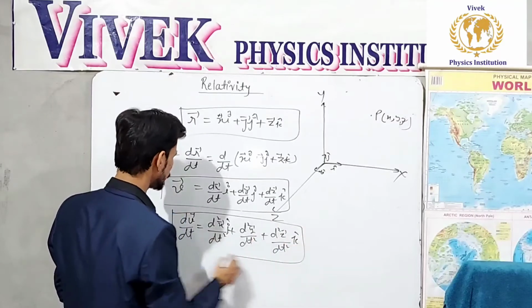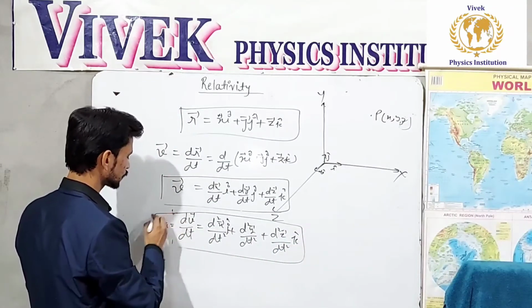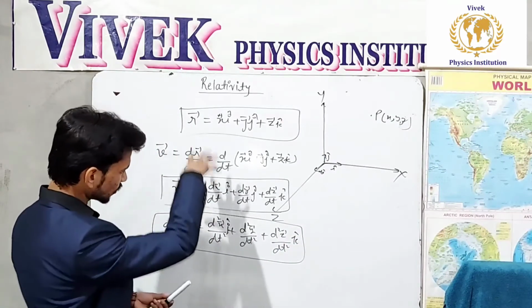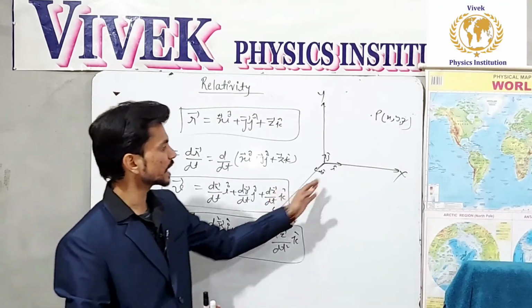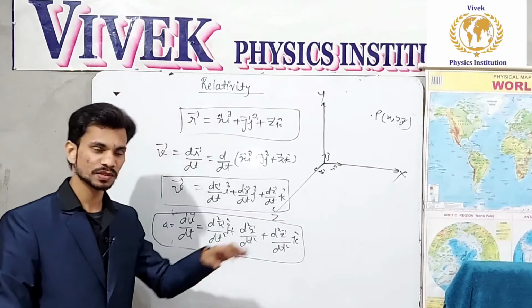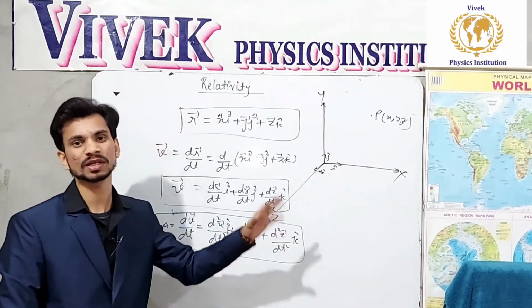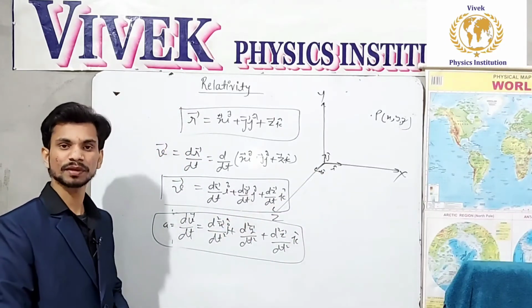This is what we have, the acceleration. So all three formulas are expressed in this Cartesian coordinate system, which is one kind of frame of reference, a 3D frame of reference.